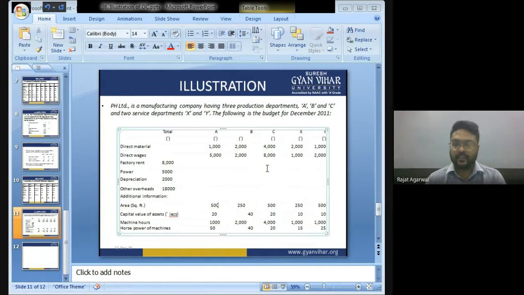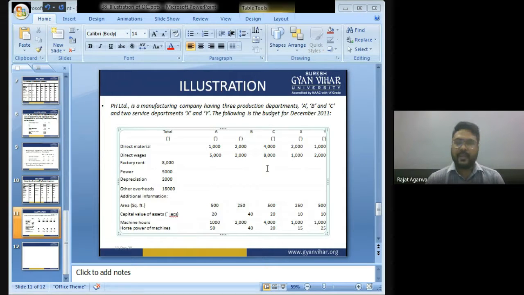PH Limited is a manufacturing company having three production departments A, B and C and two service departments X and Y. The following is the budget for December 2011. Direct material of A 1000, B 2000, C 4000, X 2000 and Y 1000.